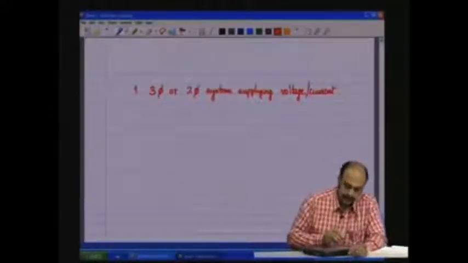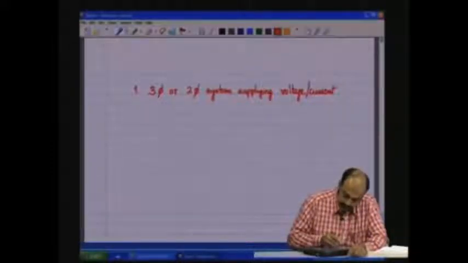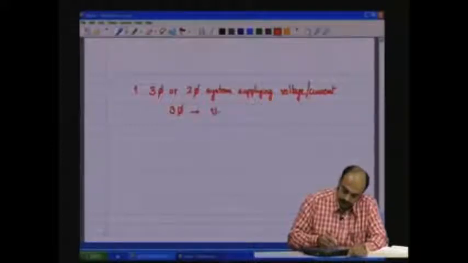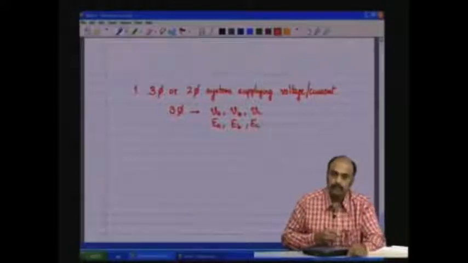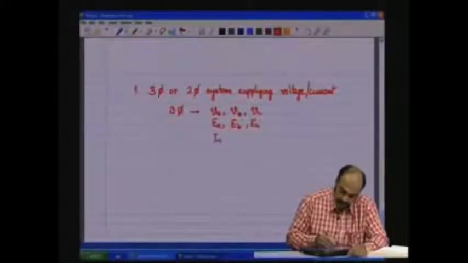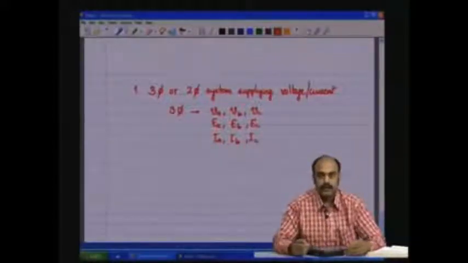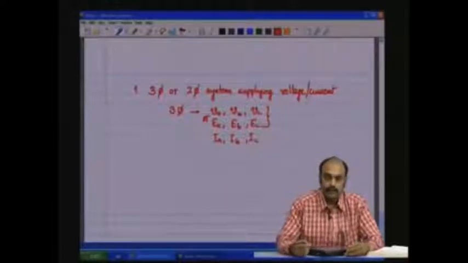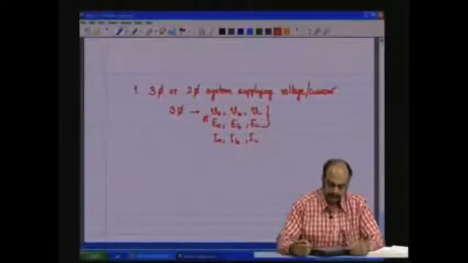Now, let us take for now just a three-phase system. In the case of a three-phase system, we have VA, VB, VC, or we will say EA, EB, EC, and then you have IA, IB and IC. These are the three line voltages and the line currents.